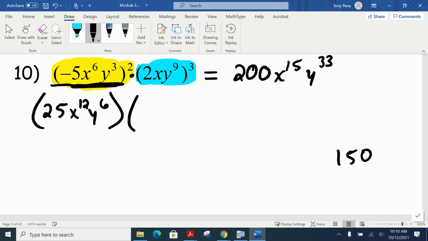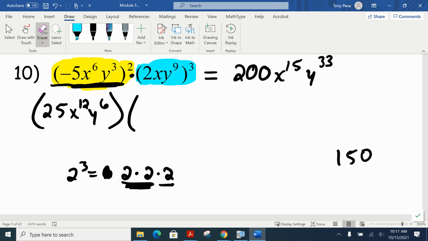If you did a 150, what you told me is that 2 cubed is a 6. But isn't 2 cubed 2 times 2 times 2? What's the first 2 times 2 going to give you? 4. And then what's 4 times that last 2? An 8. So 2 cubed should have ended up being an 8.